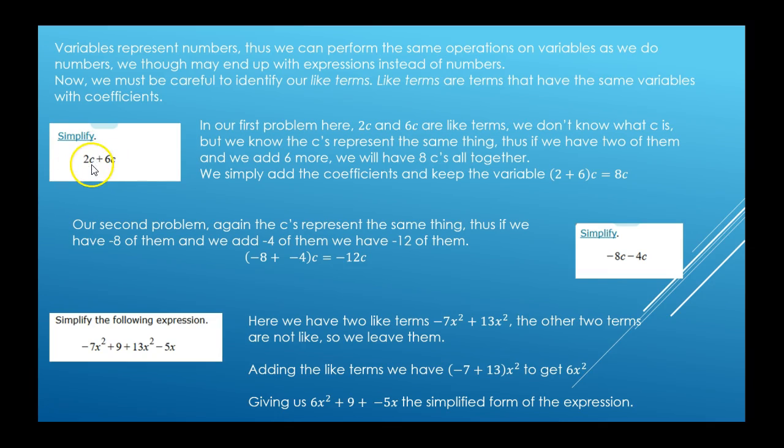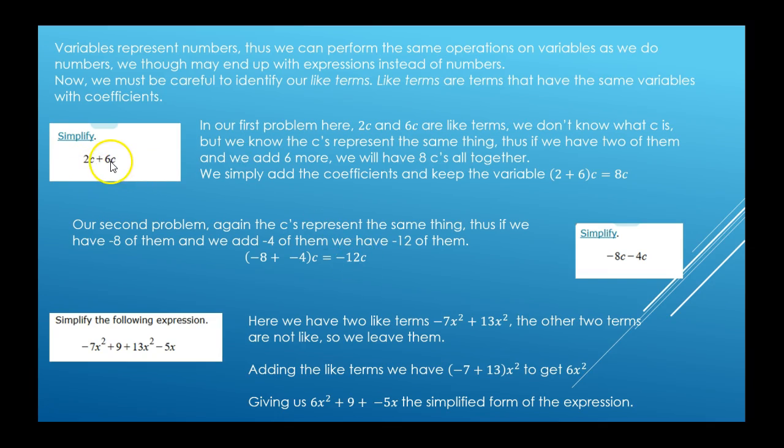If c happens to be the number 2, it's the number 2 in both of these terms. So if you have 2 of a variable and 6 of that same variable, you have 8 altogether. So you can think of it as adding the coefficients of that variable. 2 plus 6 is 8, so we have 8c's. And here we have negative 8c plus a negative 4c, which would give us a negative 12c.